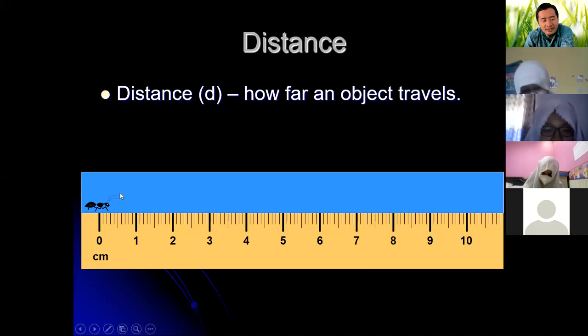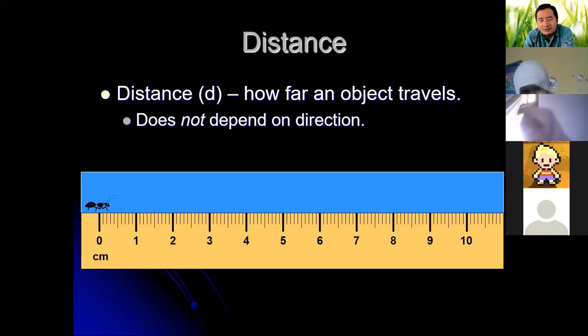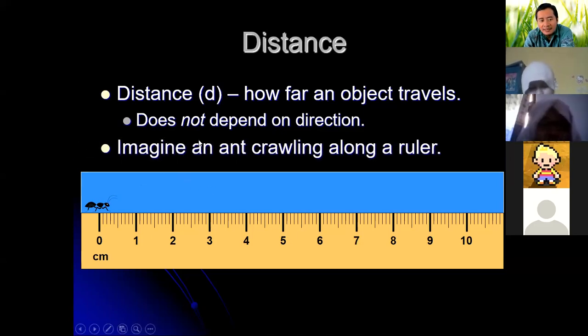For this illustration, we use N. Distance does not depend on direction. So the distance is not dependent on direction; it is not related to the direction. Imagine an ant crawling along a ruler.